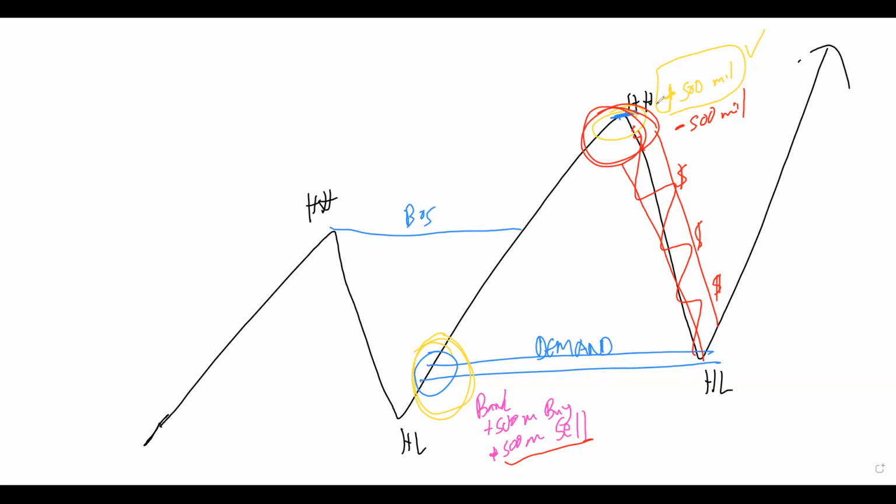Due to the less volume, price obviously then retraced and dropped all the way back down to the demand, right? This whole process where price drops back down to this demand level is called mitigation, which we'll touch on a bit later on in the slides. So price comes back down to the demand.